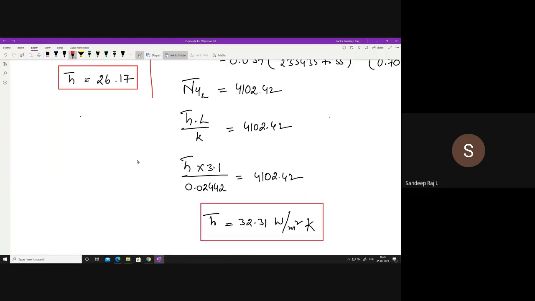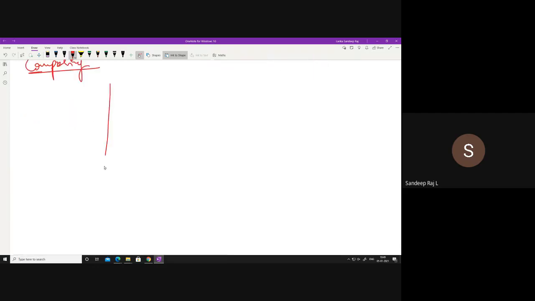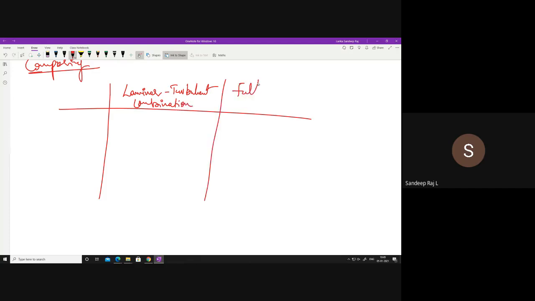So he has asked you to compare both the things. So for comparing, you put a table here. Let me draw the table. Firstly, laminar-turbulent combination on this side. On the other side, fully turbulent.